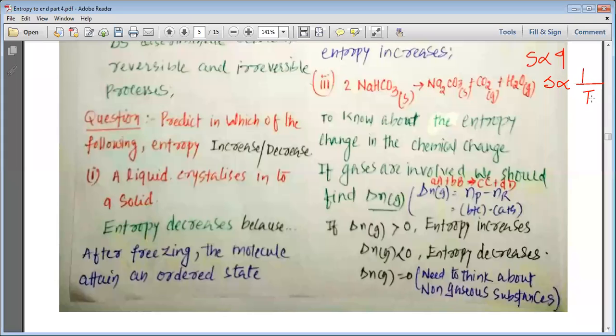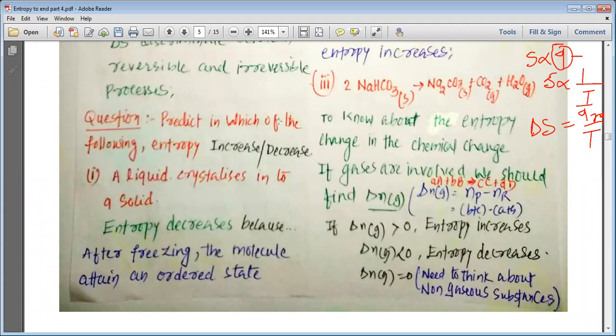So if temperature is higher and the same amount of heat is absorbed, the disorderedness created is less. But if the same amount of heat Q is absorbed at a lower temperature, it creates more disorderedness, and ultimately we write that delta S is equal to Q reversible divided by T.